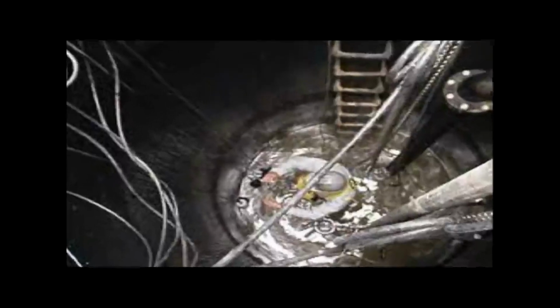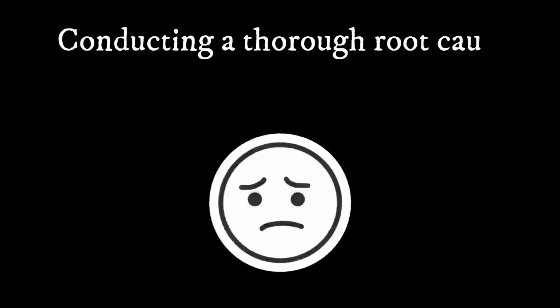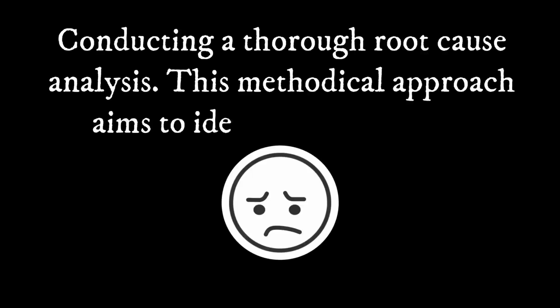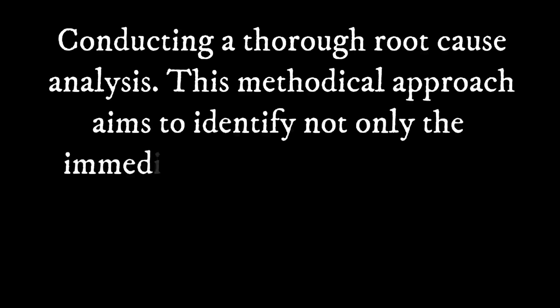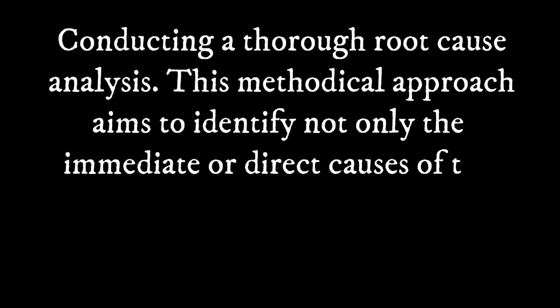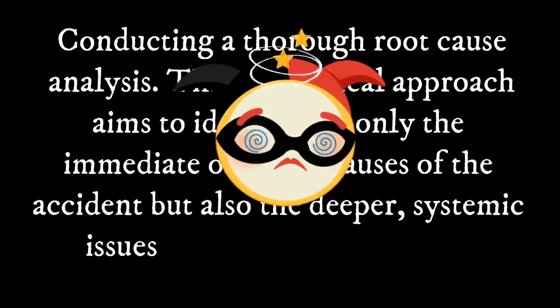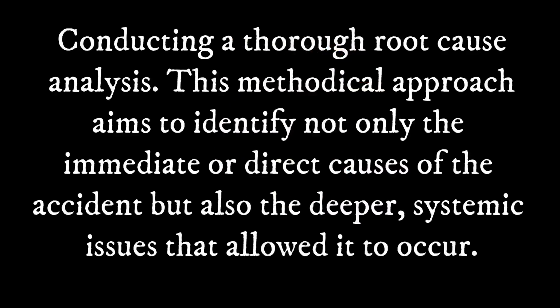Once you have gathered all relevant information, your role involves conducting a thorough root cause analysis. This methodical approach aims to identify not only the immediate or direct causes of the accident, but also the deeper systemic issues that allowed it to occur.